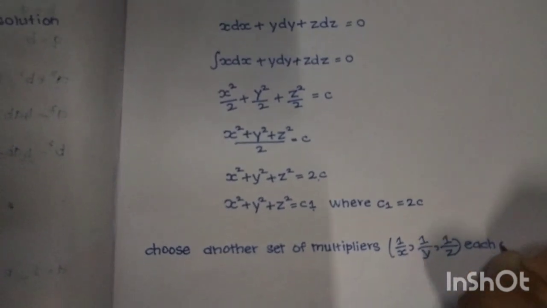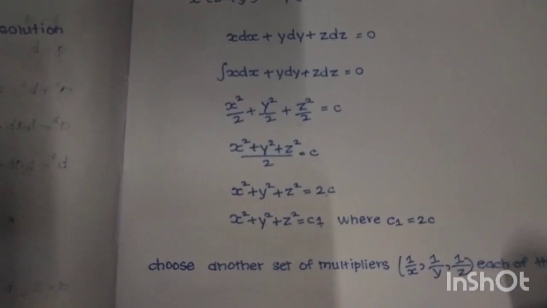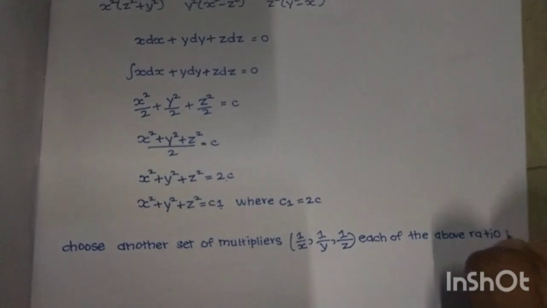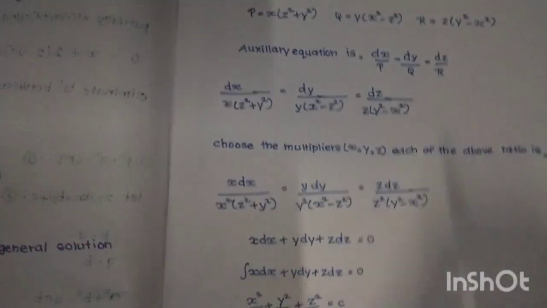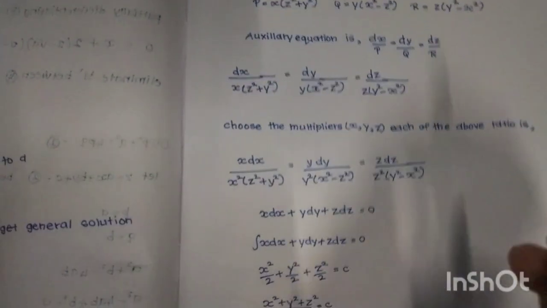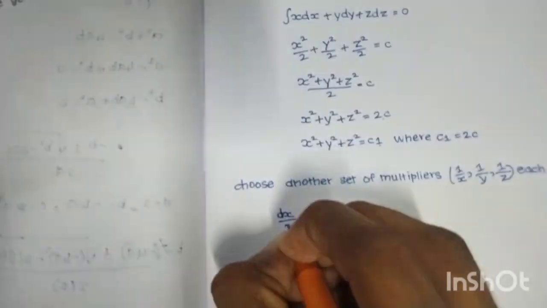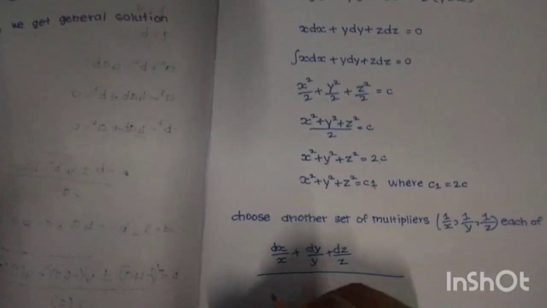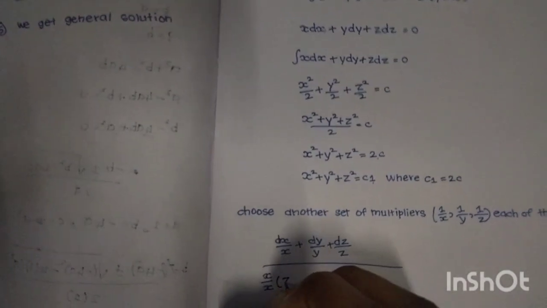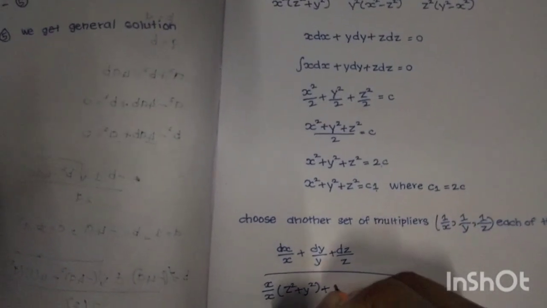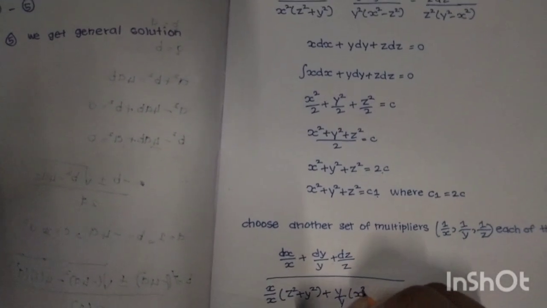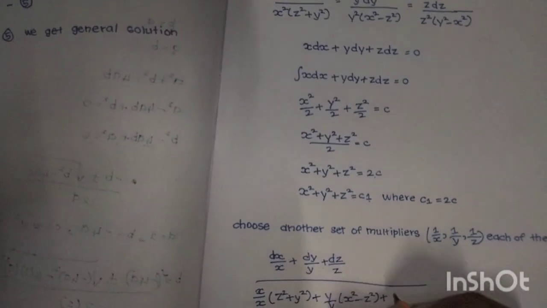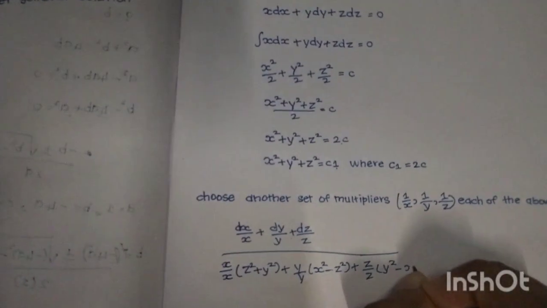So each of the above ratio is, so in this we are going to multiply by 1 by x, 1 by y, 1 by z. So it becomes dx by x plus dy by y plus dz by z over x by x into z square plus y square plus y by y into x square minus z square plus z by z into y square minus x square.